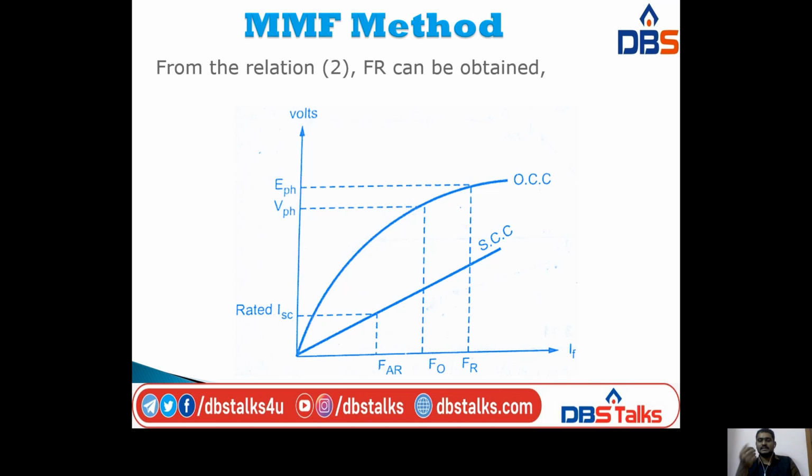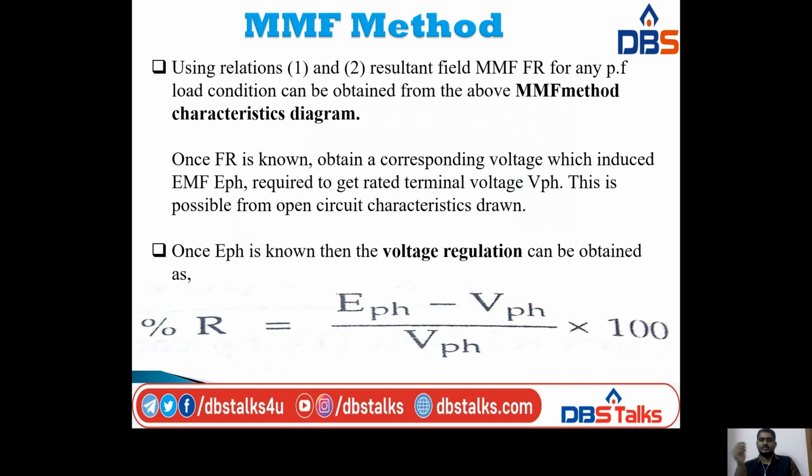Here we have F naught for the open circuit test, FAR for the short circuit test, and FR for the total resultant MMF. By using those relations, the resultant field MMF FR for any power factor load condition can be obtained from the MMF method characteristic diagram.